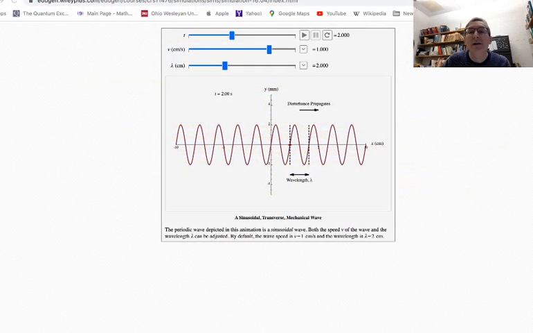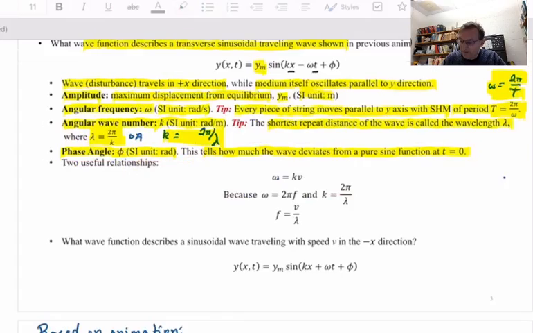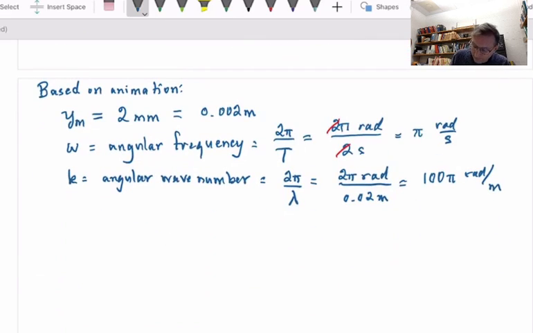Let me go ahead and reset the time to 0. There it is. Now just look at that wave function. Is it a simple sine curve? You need to remember what a simple sine curve looks like. Do you remember what a simple sine curve looks like? That's the kind of sine that you would have learned in trig in high school if you plotted it, sine x versus x.